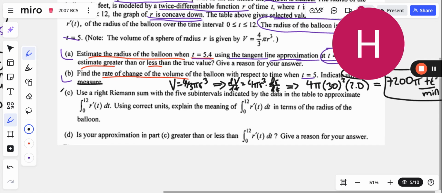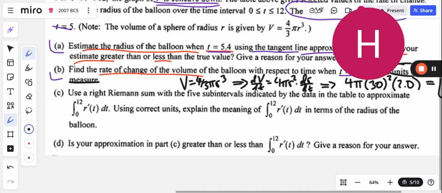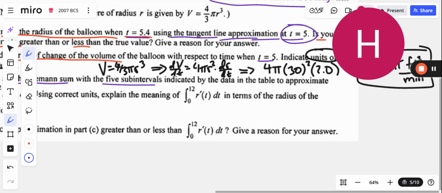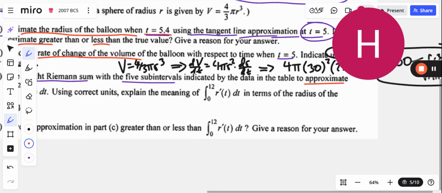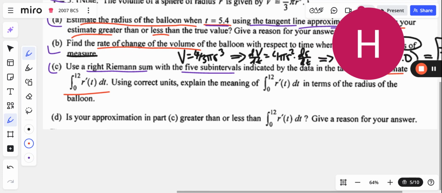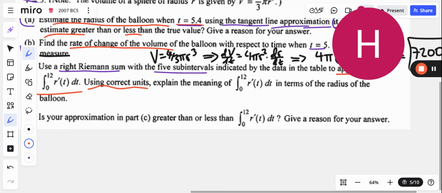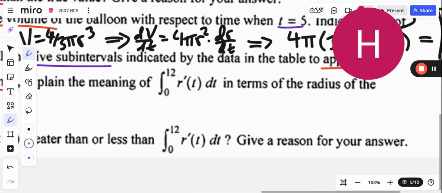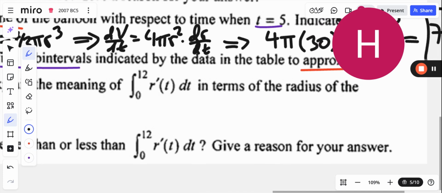Okay, part C. Use a right Riemann sum with 5 subintervals, indicated by the data in the table, to approximate the integral from 0 to 12 of r prime. Using correct units, explain the meaning in terms of the radius of the balloon. I can explain that right now, actually. So r prime tells us the change in the radius over a small amount of time.